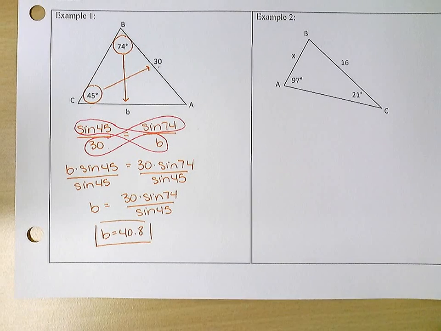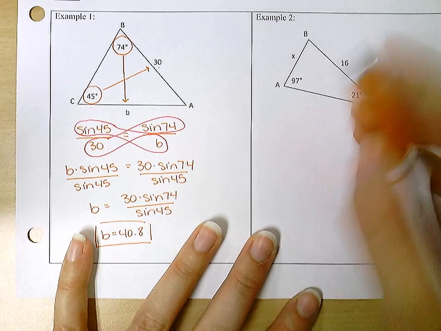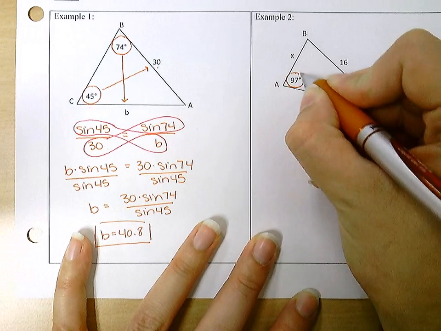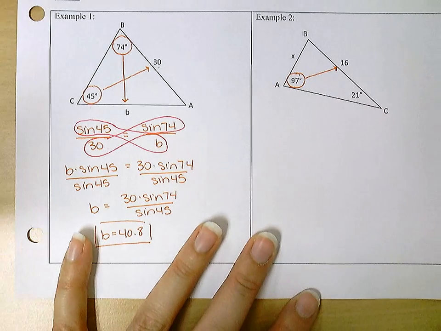So same thing. I need 2 angles, and then I'll have 2 sides here, and I'll be finding one of those sides. Okay, so I have this side of 16 and this angle of 97. So I'm using this angle, and I need its opposite side.